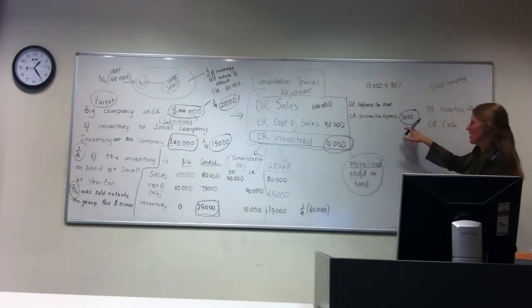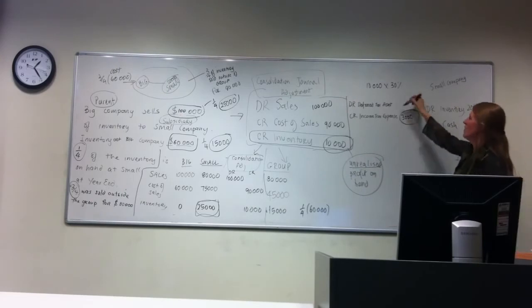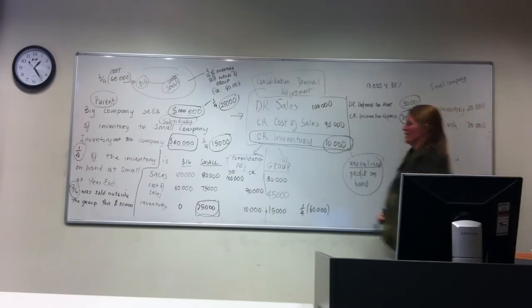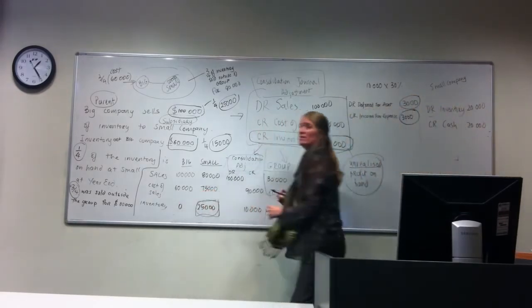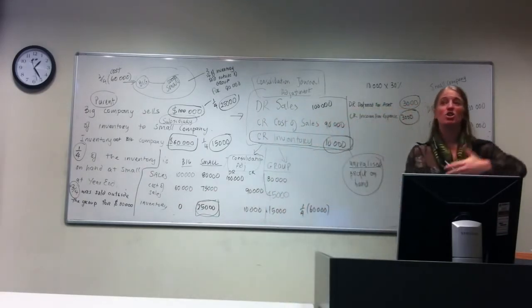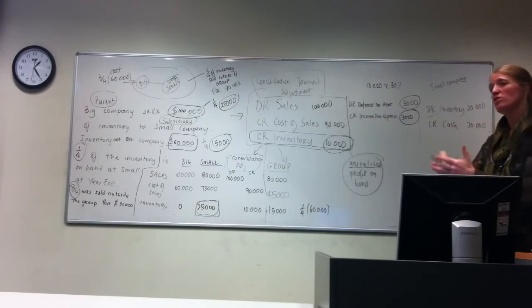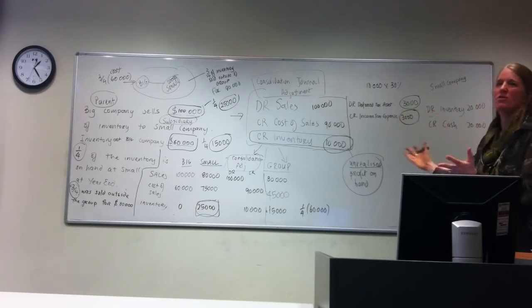Okay, so anyway, let me get back to this. 3,000, we've decreased the tax by 3,000. And from the group's perspective, the individual companies have paid too much tax. They have paid tax before it's actually been sold outside of the group.